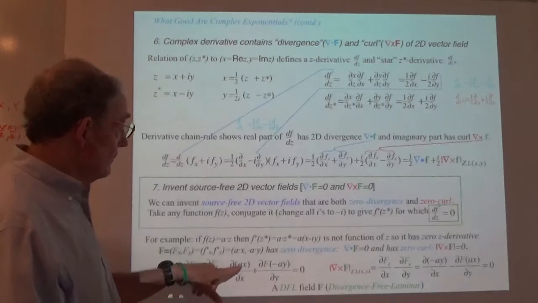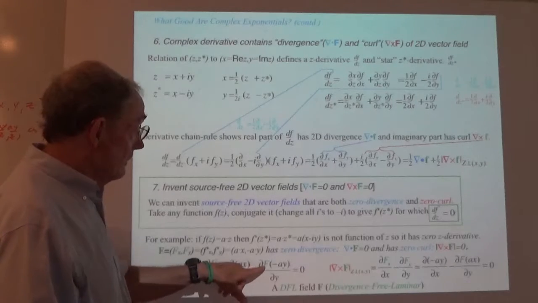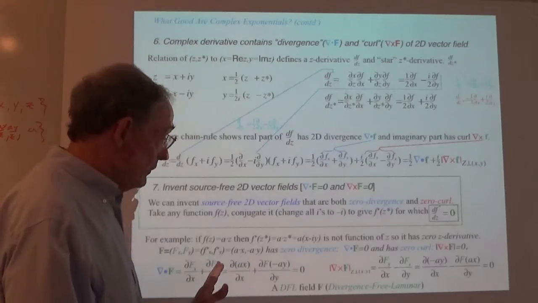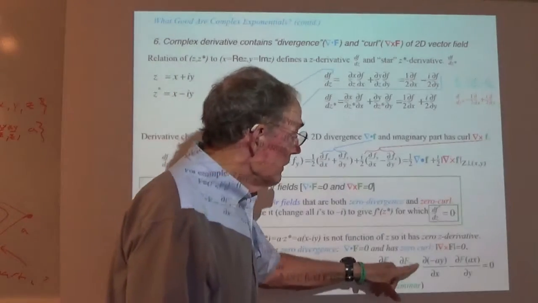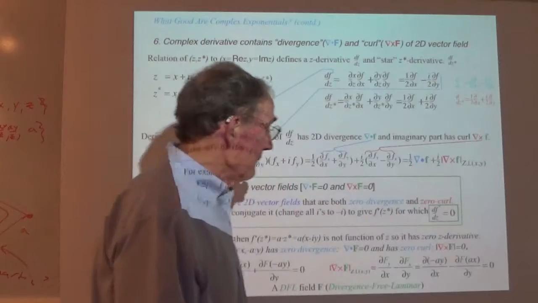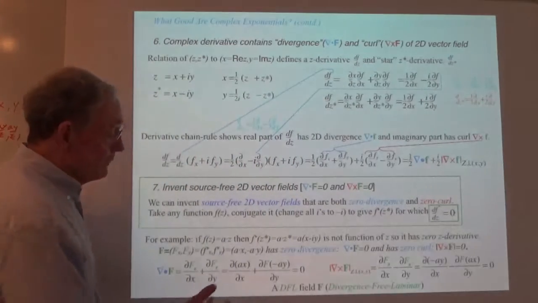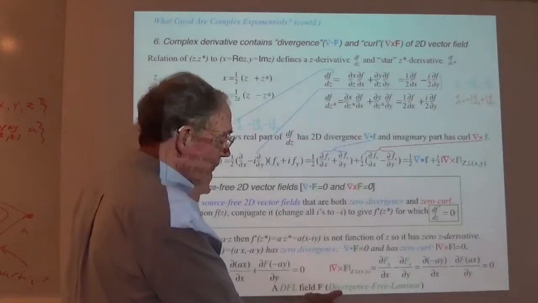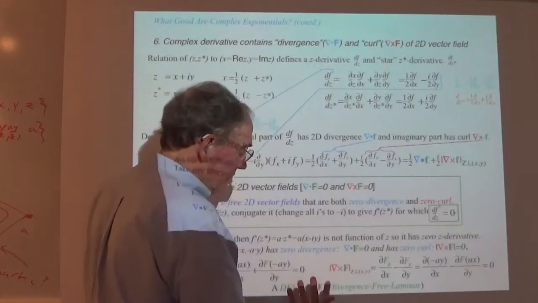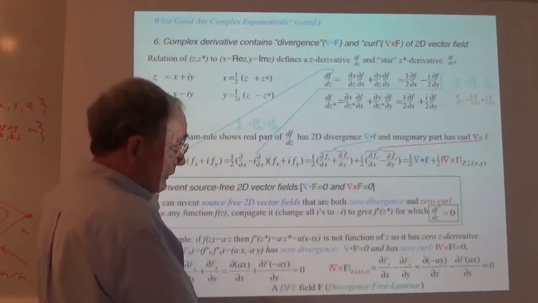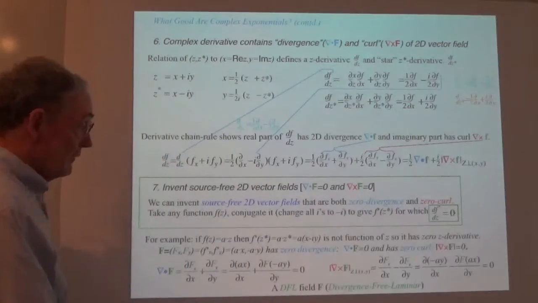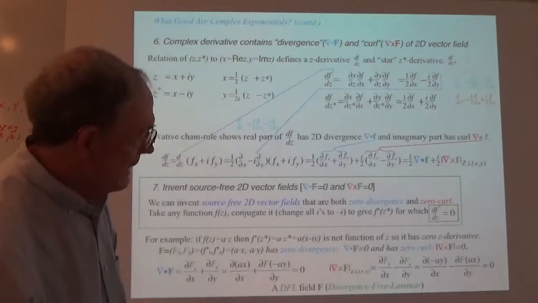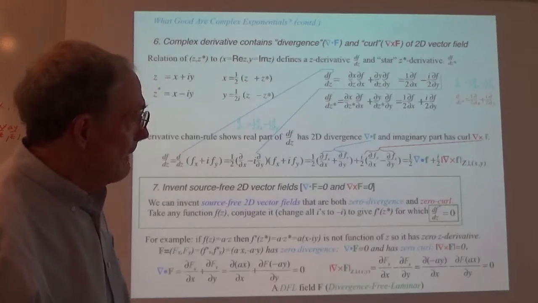That's giving us a partial ax here, but it's giving us a minus ay with respect to y here, so nothing, 0. This thing right here also goes away rather easily. So what we're producing here, some people call DFL, divergence-free laminar flow or field. That's a technical name that I thought was kind of cool, so I'll add it to the mix here.